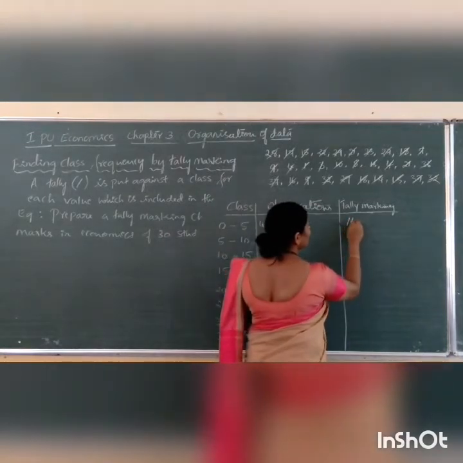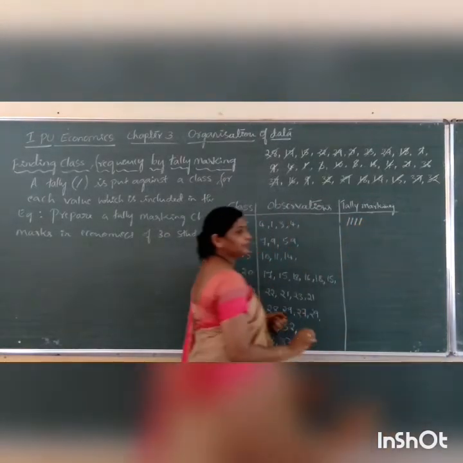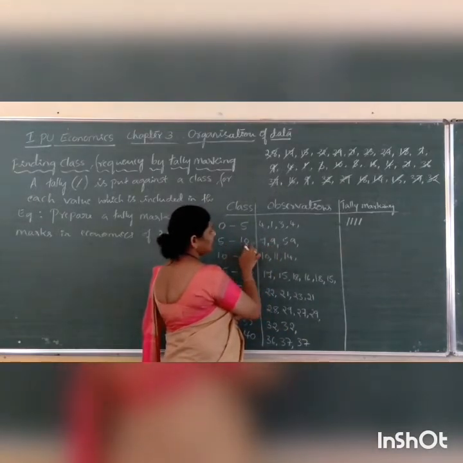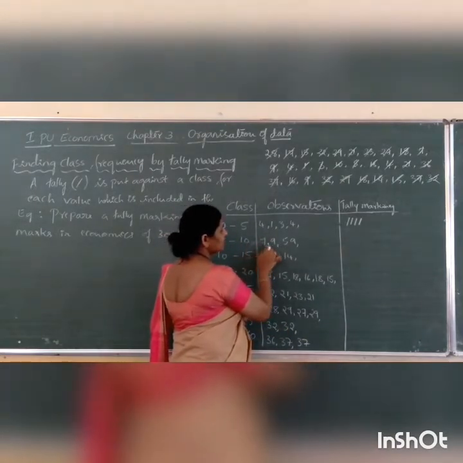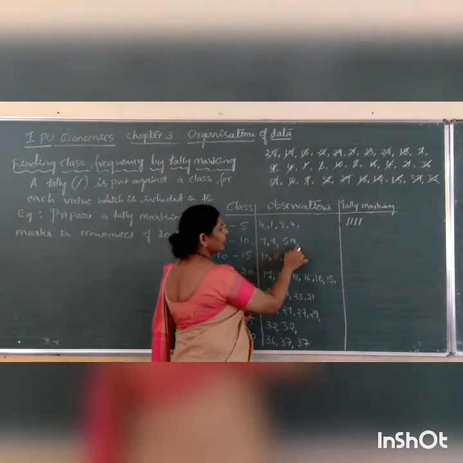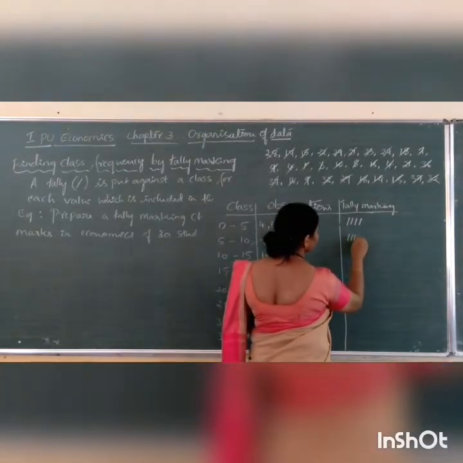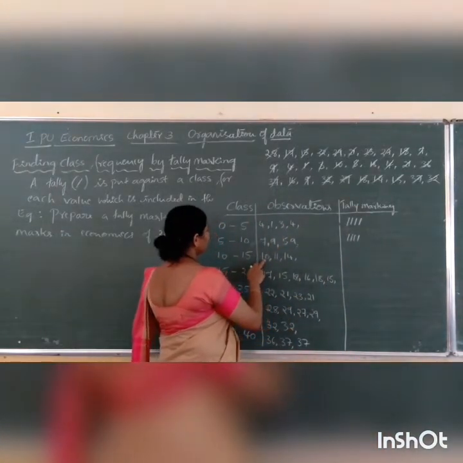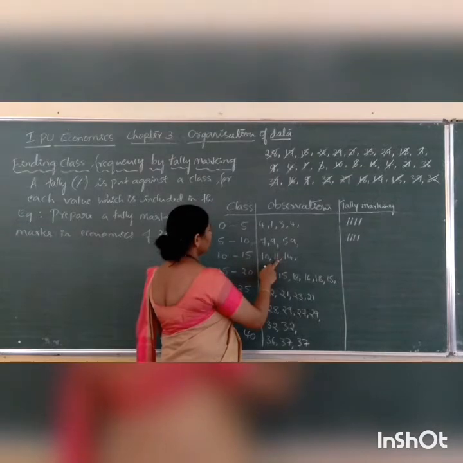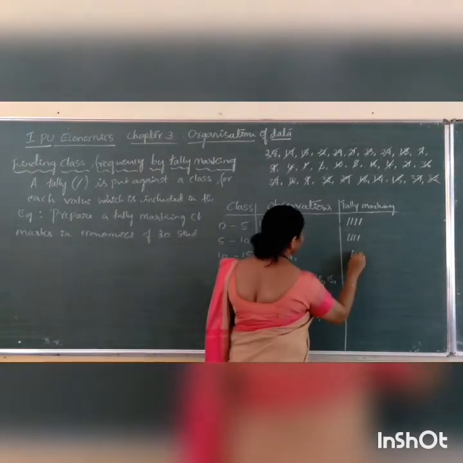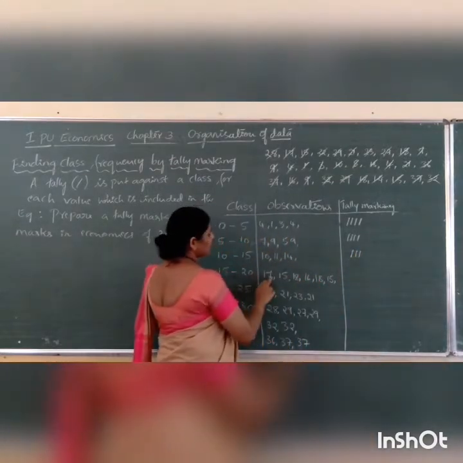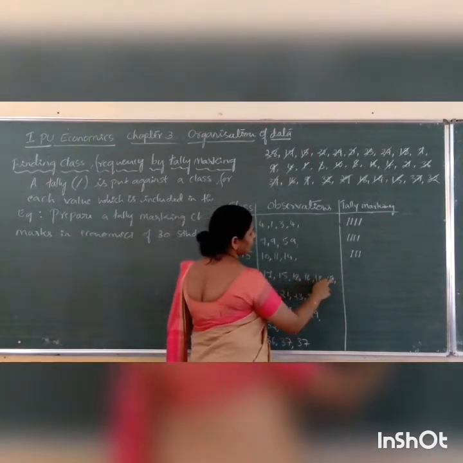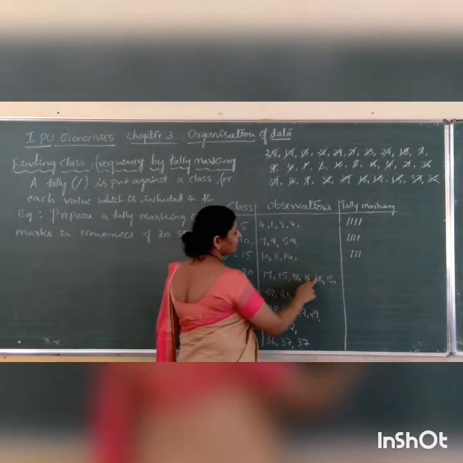Next in the class 5 to 10, there are 1, 2, 3, 4 observations. Again here also 4 observations. Next here 10, then 11, then 14, 1, 2, 3. In front of this class there are 1, 2, 3, 4, 5, 6.